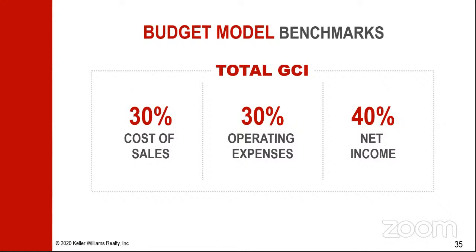Some solo agents that have very low expenses may be achieving 55 to 60% net income, and that's awesome. Again, that's something you're going to want to speak with your coach about, to see if there may be an area for you to spend additional money that can help you to leverage time and money in order to get some more gross commission income. But again, these benchmarks are about thinking what's possible for your business.